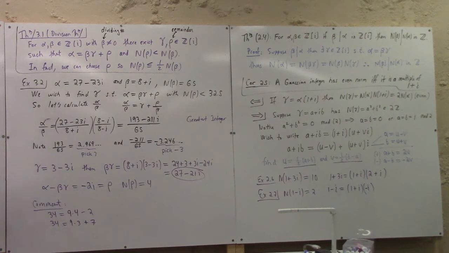What this comment is about is that if we think about the division algorithm in the integers, if we didn't insist on a positive remainder, we could choose a smaller remainder in terms of absolute value, right? If we wanted to, but we don't.